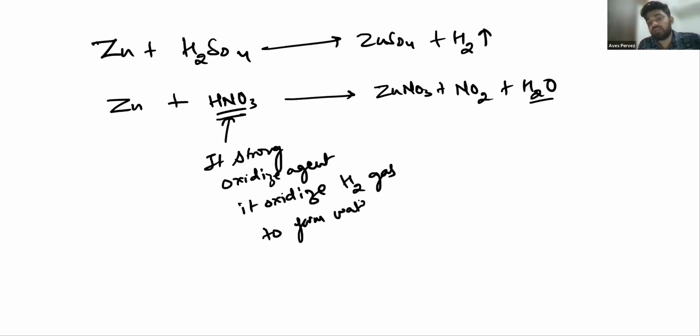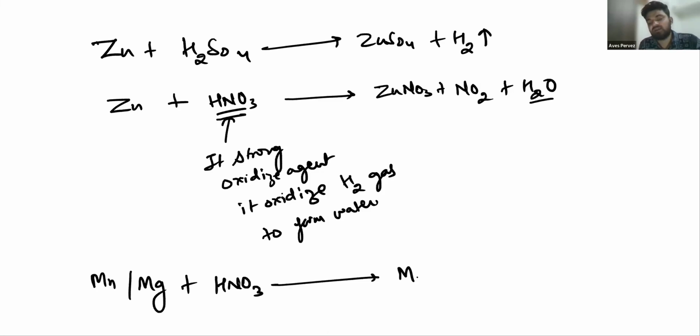But there are two elements, magnesium and manganese, that can still produce hydrogen gas. So there is an exception. If magnesium or manganese are reacting with HNO3, they can produce magnesium nitrate or manganese nitrate.